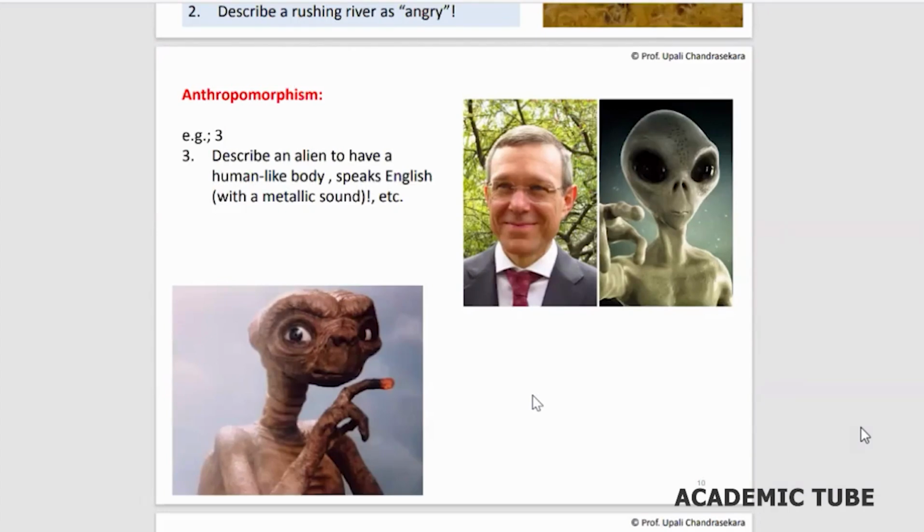But whenever people describe aliens, they always say aliens have 2 eyes, a mouth, a nose, but the eyes are bigger, and so on. And a human-like body. In addition, the aliens speak English as well, right? So this is again anthropomorphism.